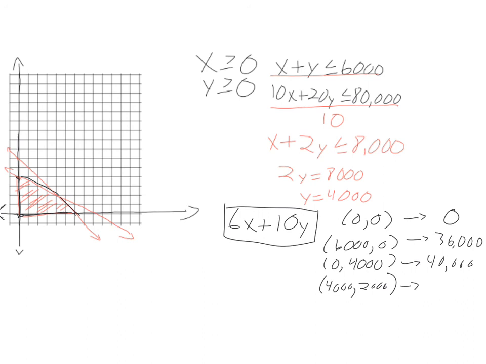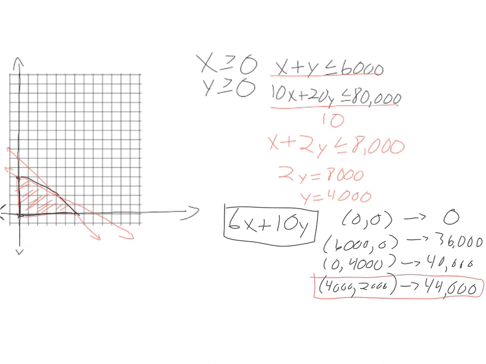So 6 times 4,000 is 24,000. 10 times 2,000 is 20,000. 24,000 plus 20,000 equals 44,000. That is larger than all of the other results that we have gotten. So this is our answer.